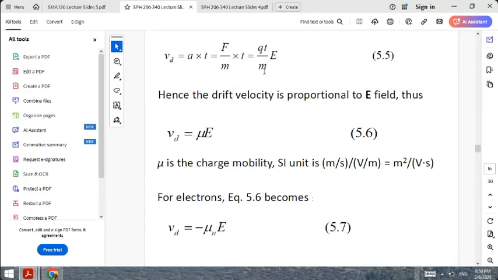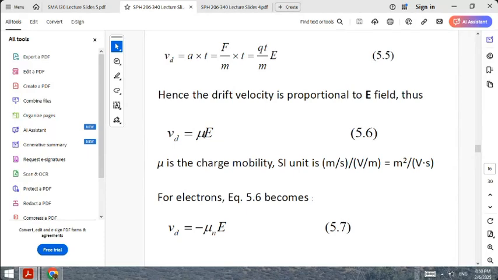We can replace Qt over m by a constant we call mu, and in electronics this mu is known as charge mobility.